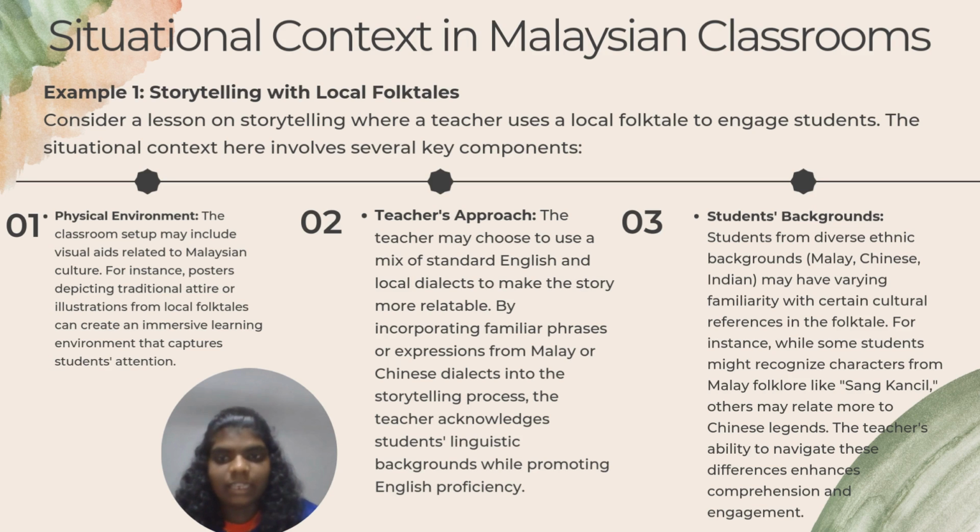The first one is physical environment. The classroom setup may include various aids related to Malaysian culture. For instance, posters depicting traditional attire or illustrations from local folktales can create an immersive learning environment for students and grab their attention.